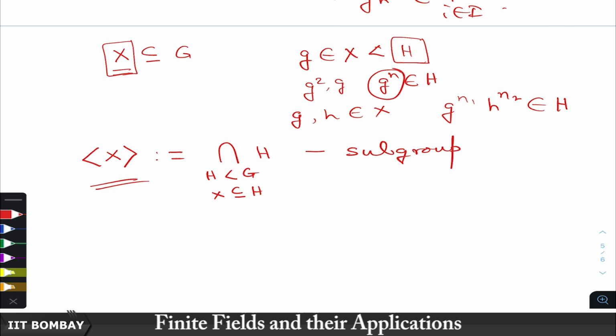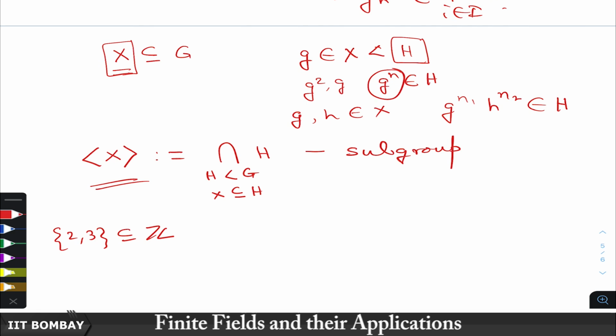Let us take an example. Suppose Z is a group, you take the subset {2, 3}. What is the subgroup generated by 2 and 3? It is the smallest subgroup that contains 2 and 3. So, what is it?